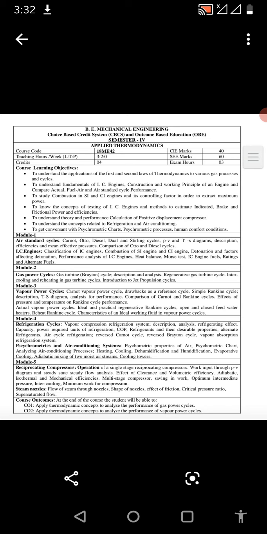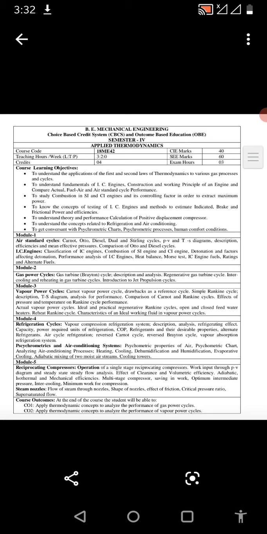So, basic thermodynamics was only about learning the terminologies of thermodynamics, but here, in applied thermodynamics, we are dealing with the application of thermodynamics in real life. So, take all the 5 modules, like your IC engines.